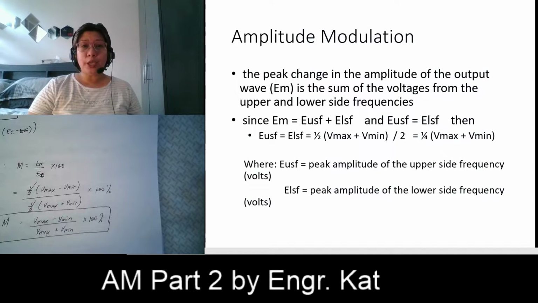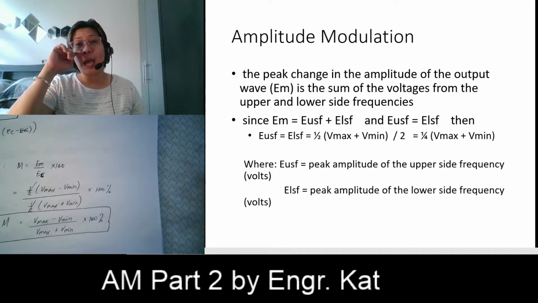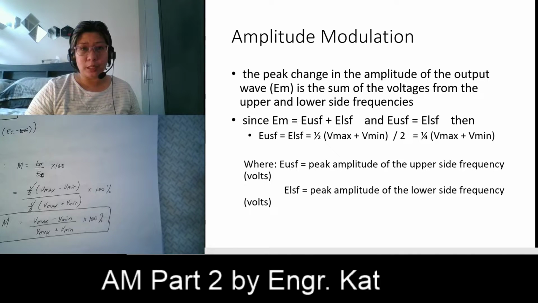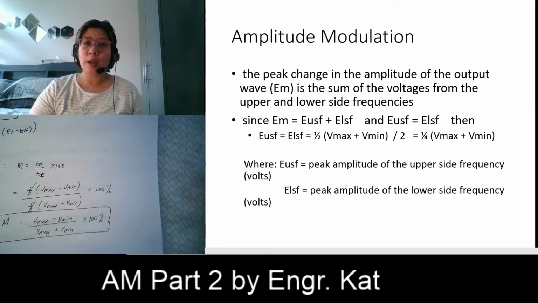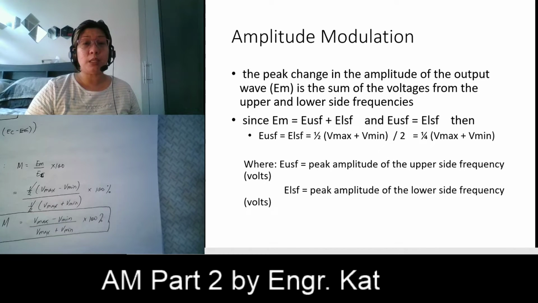The peak change in the amplitude of the output wave, which is EM, is the sum of the voltages from the upper and the lower side frequencies. Since your EM is equivalent to the sidebands, the amplitude of your EM is equivalent to the sum of the amplitudes of your two sidebands.